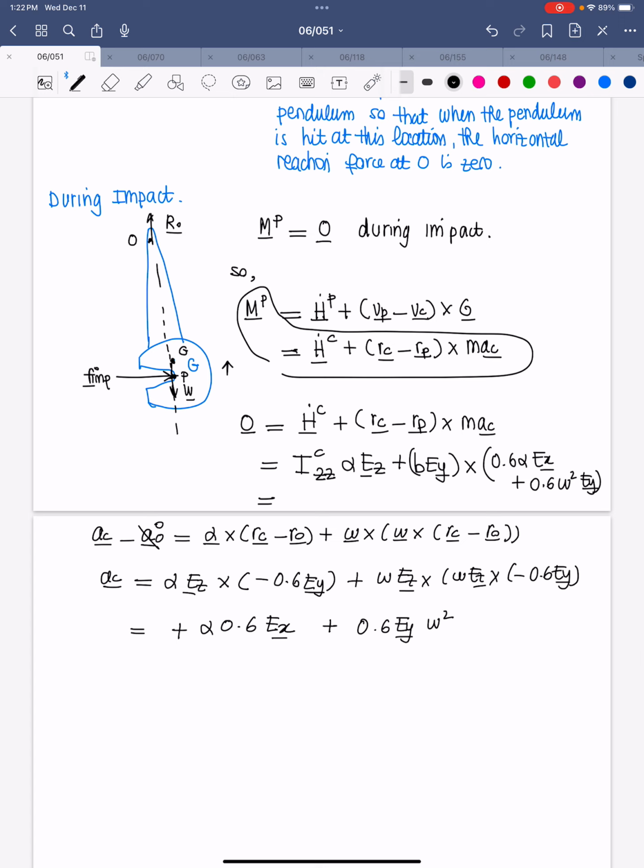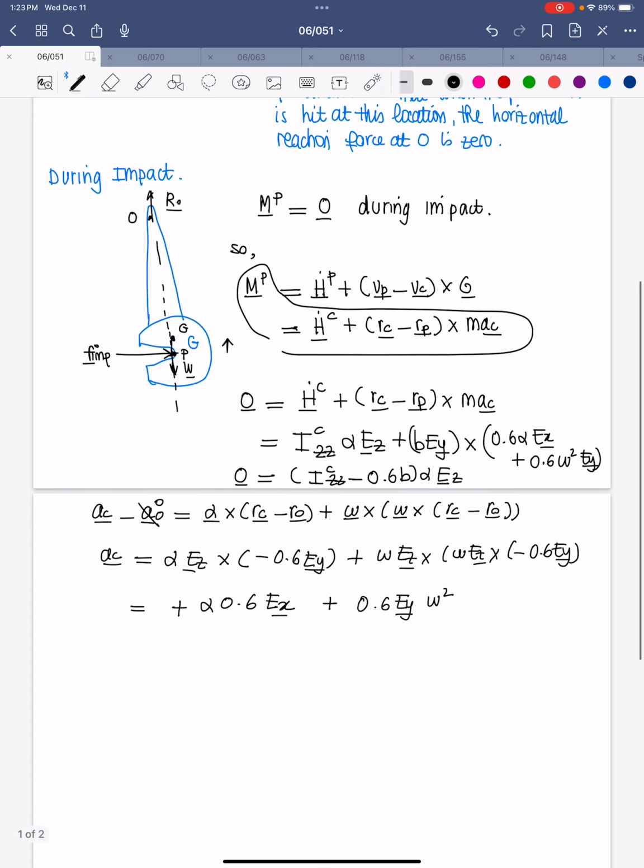Calculating the cross product, that's along e_z, equal to I_CZZ alpha minus 0.6 B times ... I can take alpha as a common factor here, so that's actually equal to 0.